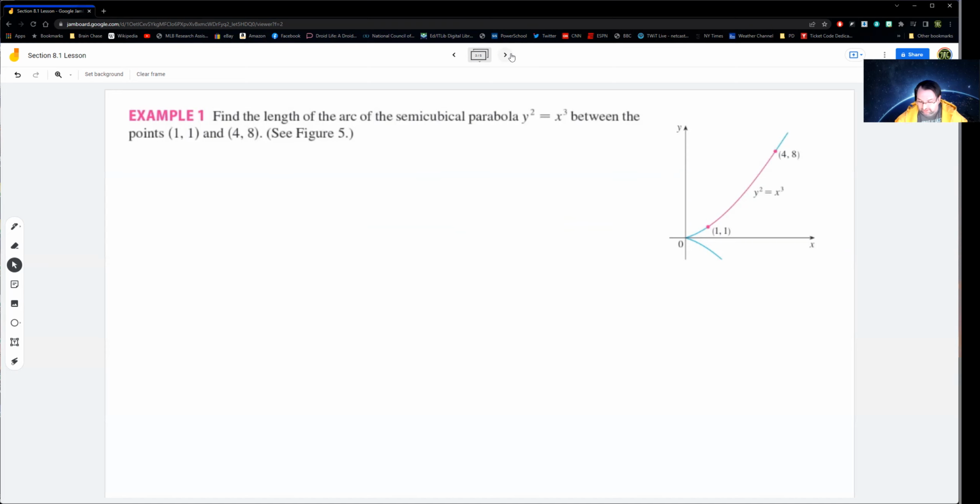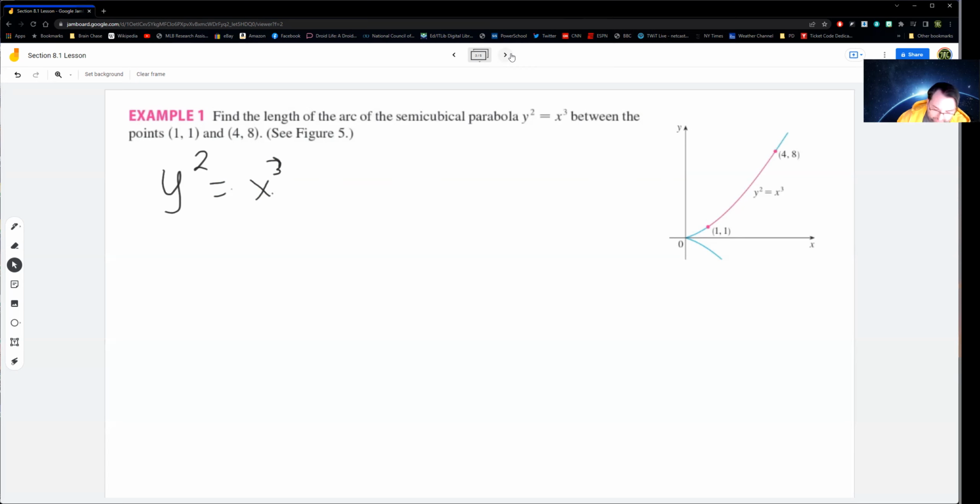And of course, my tablet decides to be funky. There we go. So we've got y squared equals x to the third. This one's simple.